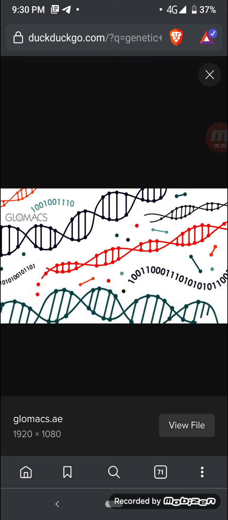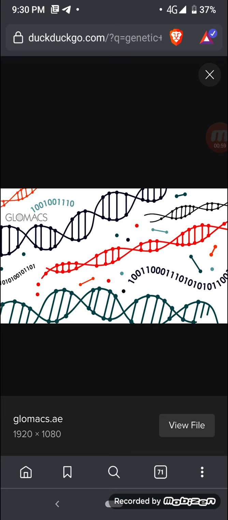From two sperms. So you see they have replaced all those digits which they usually use, A, G, or I don't recall the others, for genes with the binary system: 100110010.